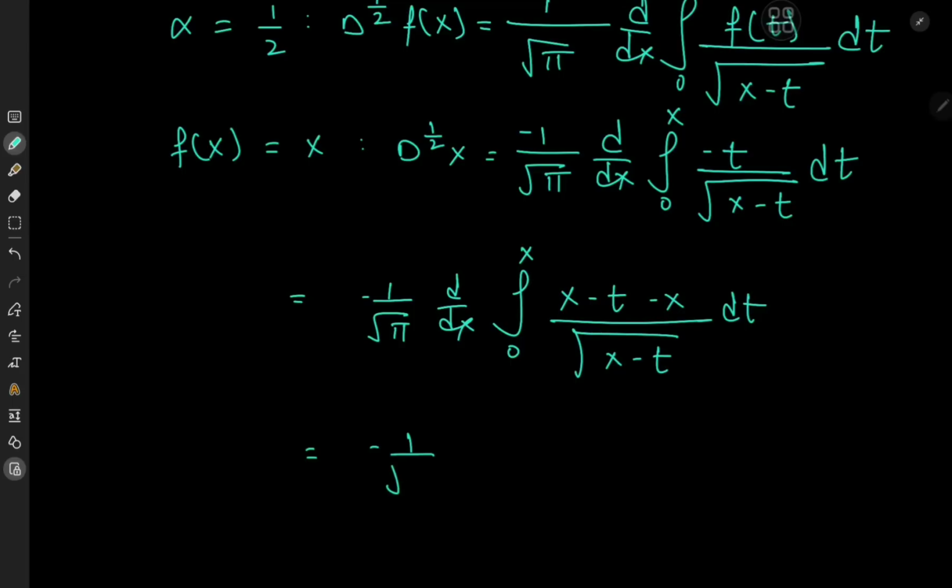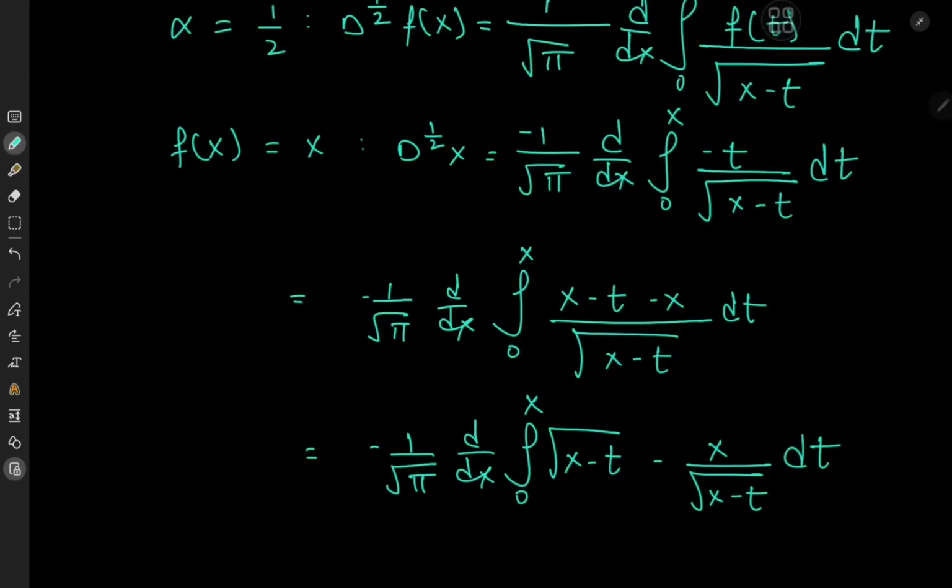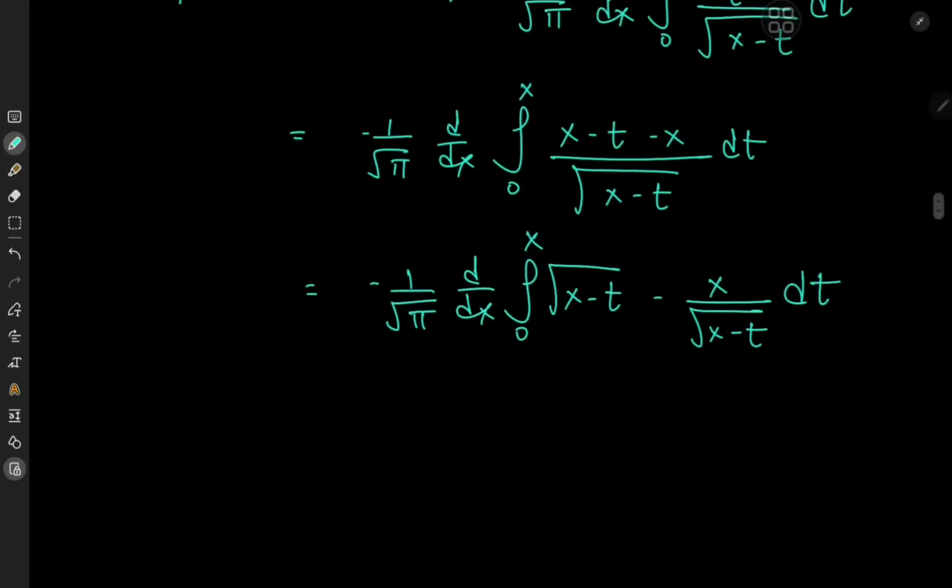So on some simplification, we have 1 by root pi, derivative with respect to x, integral 0 to x of (x minus t minus x) divided by root of (x minus t) dt. And we're integrating with respect to t, so the x term over here is a constant for this integration anyway.